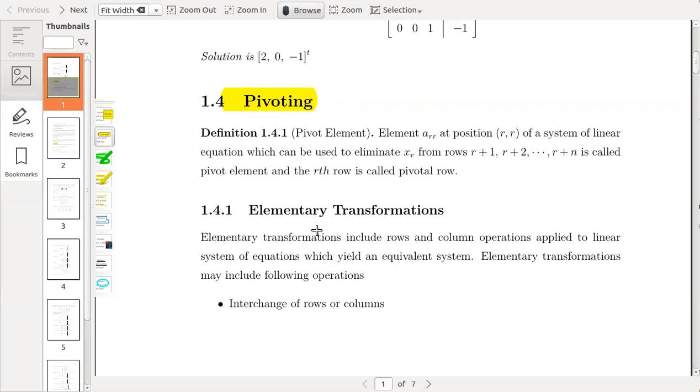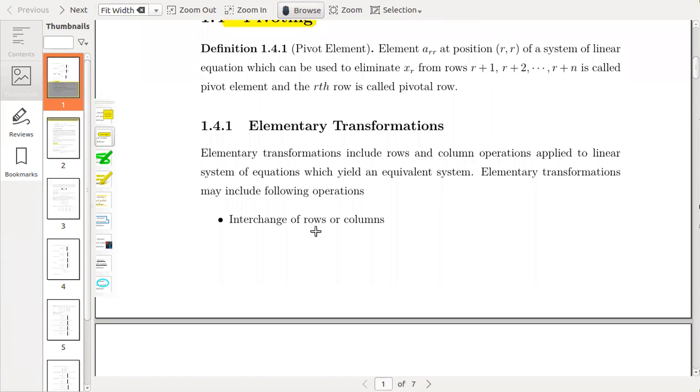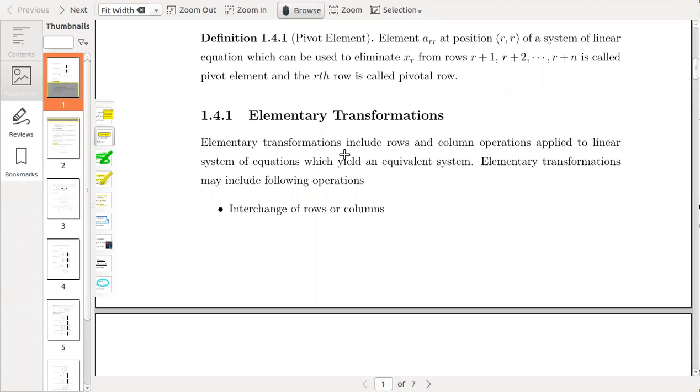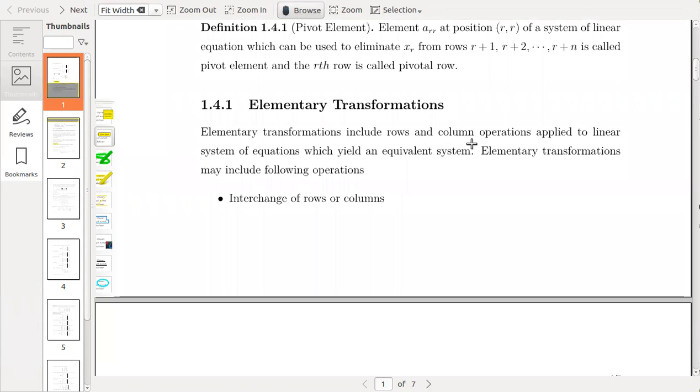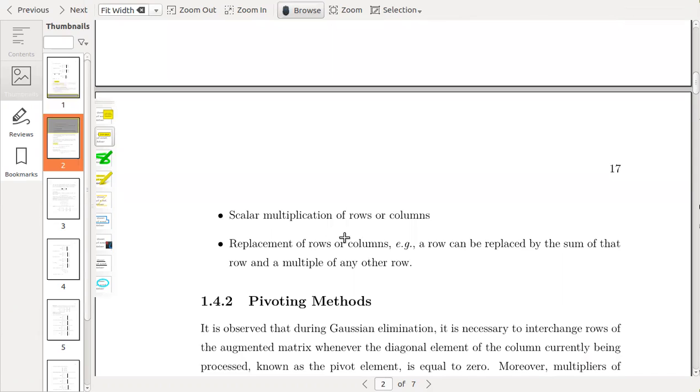What are the elementary transformations? Sometimes we call them elementary row operations. Elementary transformations include row and column operations applied to a linear system of equations, which yield an equivalent system. Elementary transformations may include the following operations. Number one, interchange of rows or columns. Number two, scalar multiplication of rows or columns.